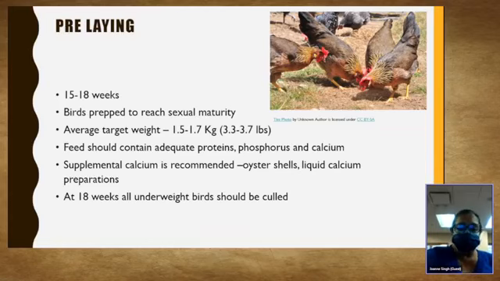And at 18 weeks old, all underweight birds should be culled, which means you're removing them from the flock because they will be utilizing your feed and they will not be able to give you your optimal production levels. So you will be losing money. So in that instance, it's better to take them out of the flock and only feed those that are going to be producing maximum.